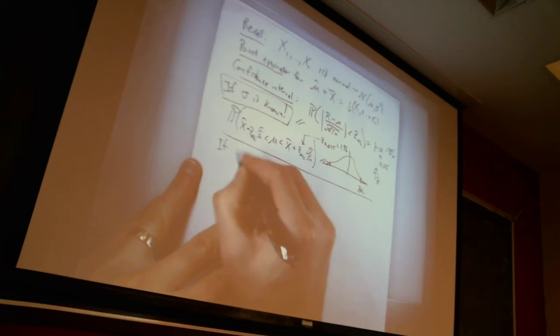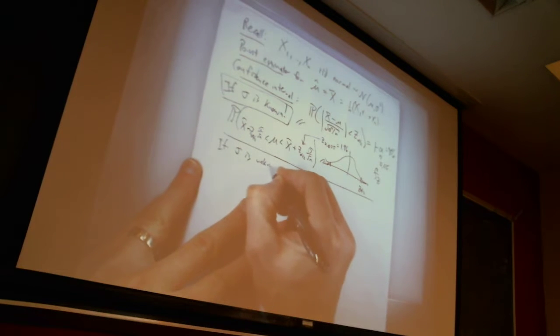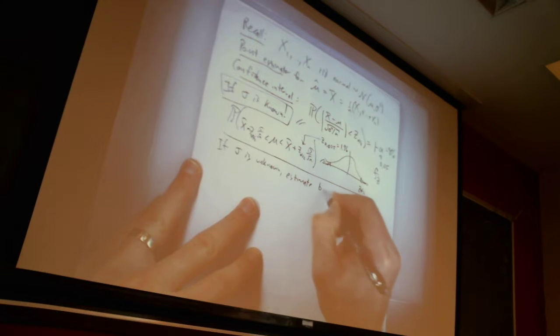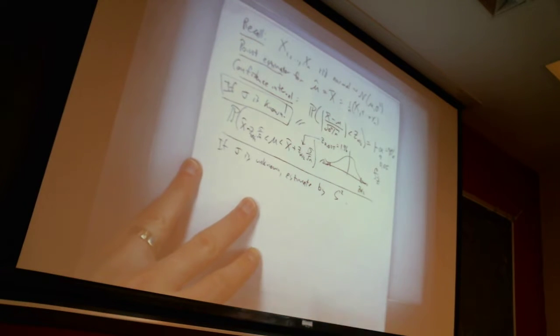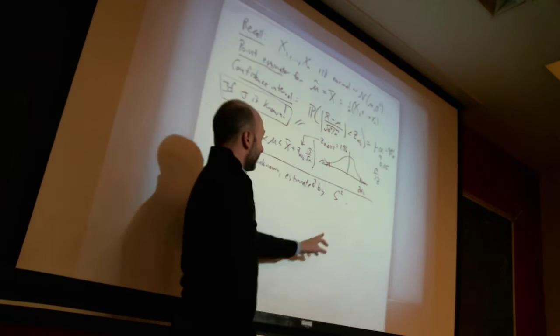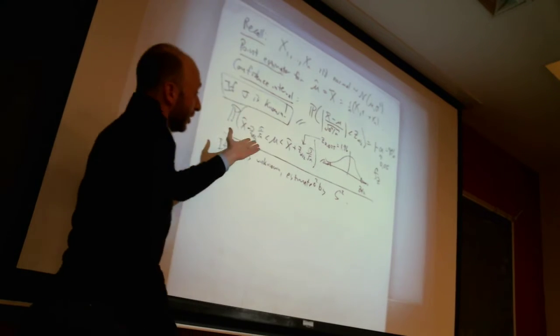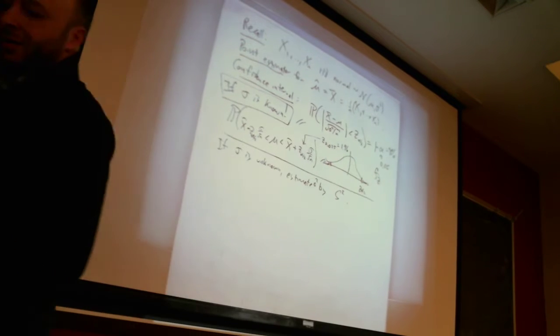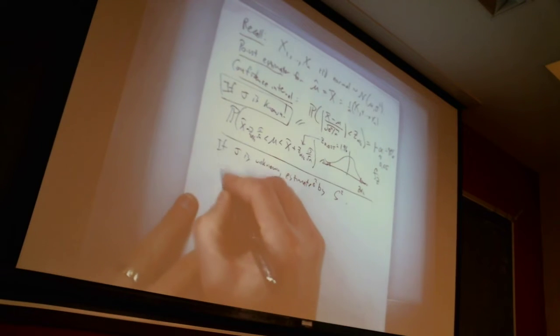And if sigma is unknown, estimate sigma squared by s squared. But then the distribution is something different. It's not a Gaussian, it's a t-distribution. I'm just reviewing what we did last time.